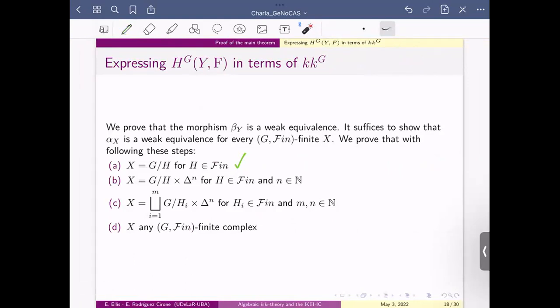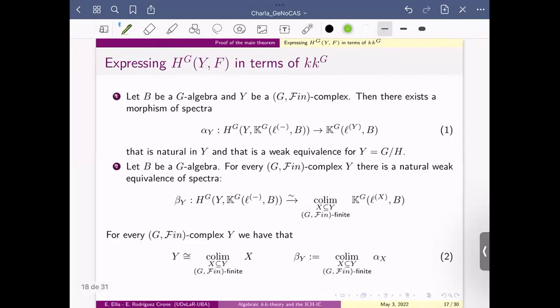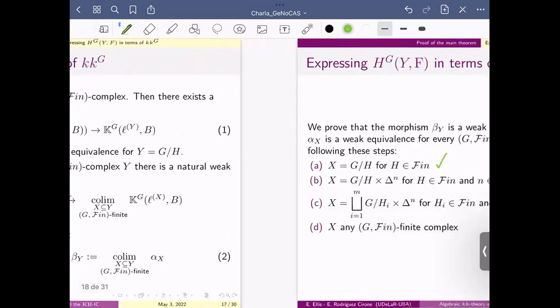For this step, for G mod H times delta N, we use homotopy invariance of KK. Then we obtain this, because in order to show that this is a weak equivalence, we have to prove it at the level of groups, or the level of groups of KK.